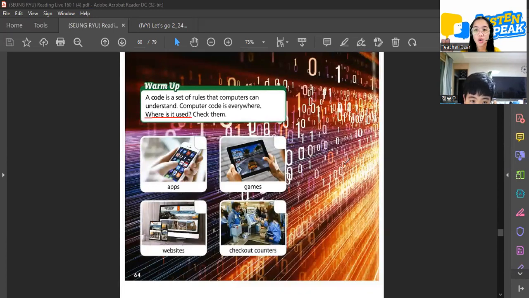Or where is code used? Is it used in apps, games, websites, or checkout counters? Okay, it's all right if you don't know because we will talk about those here on this topic.